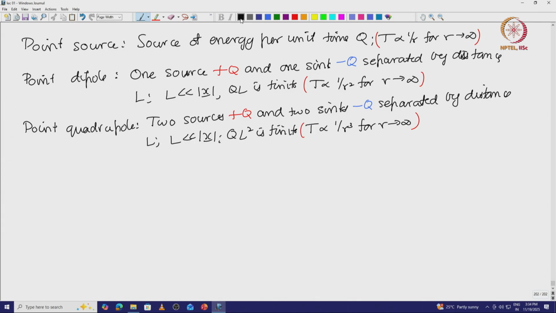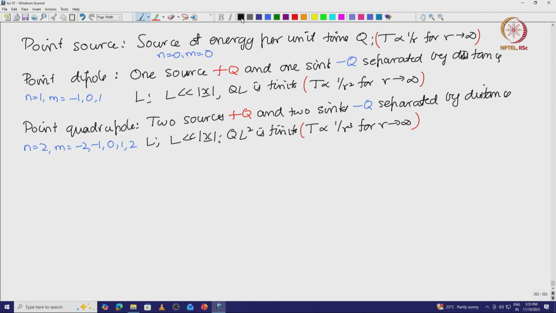So in the expansion, this is n is equal to 0, m is equal to 0. This is n is equal to 1, m is equal to -1, 0, 1. N is equal to 2, m is equal to -2, -1, 0, 1, 2. 5 of these.